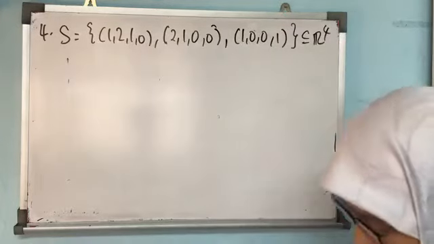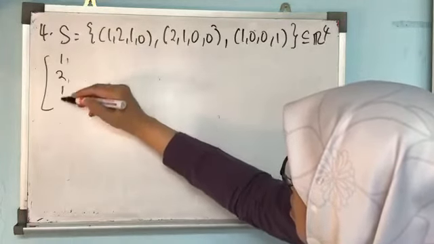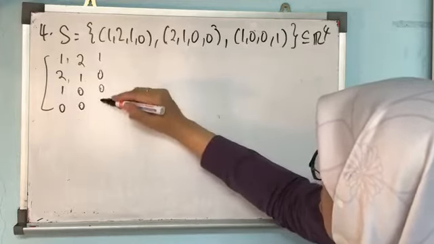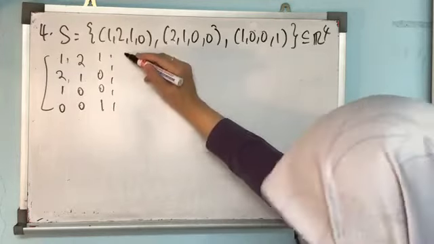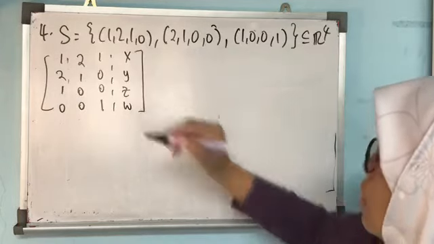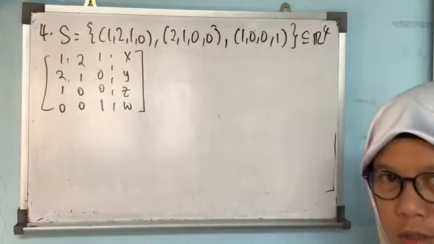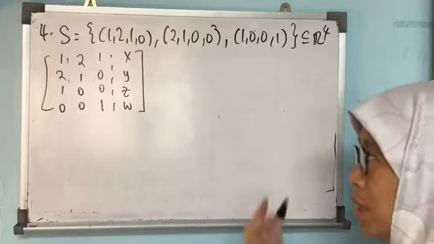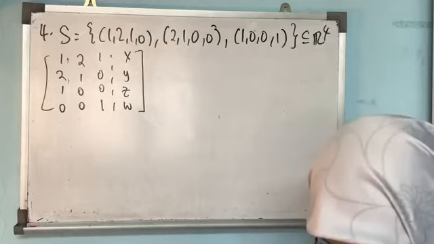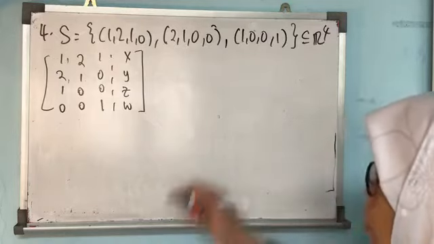So again, you know it does not span, but you need to see the spanning. So you will put X, Y, Z, W. Depends, you can put W, X, Y, Z, you can put X1, X2, X3, X4. Quite a long calculation to get to the end.